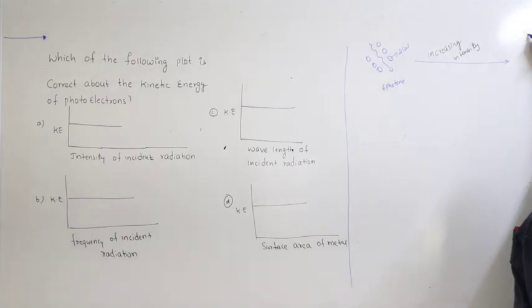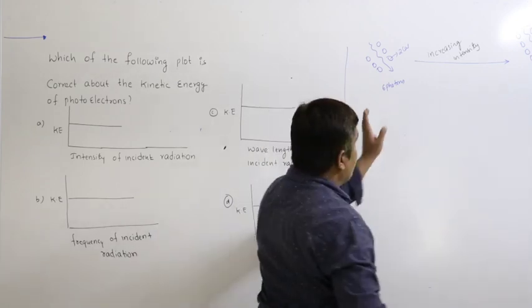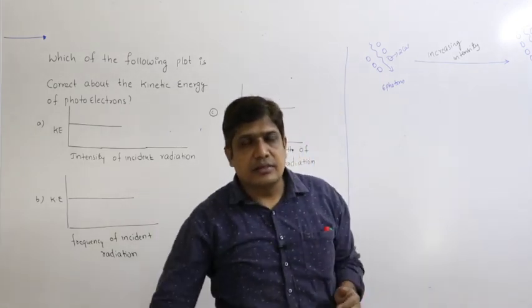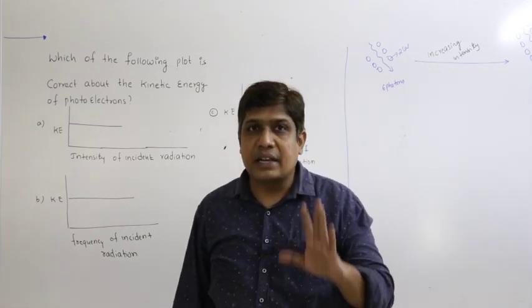More number of photons are available. So say 8 photons are emitted, but the energy of photon still remains same. Right. So if the number of photons increases, then more number of electrons are emitted, but their kinetic energy will remain same. Why?